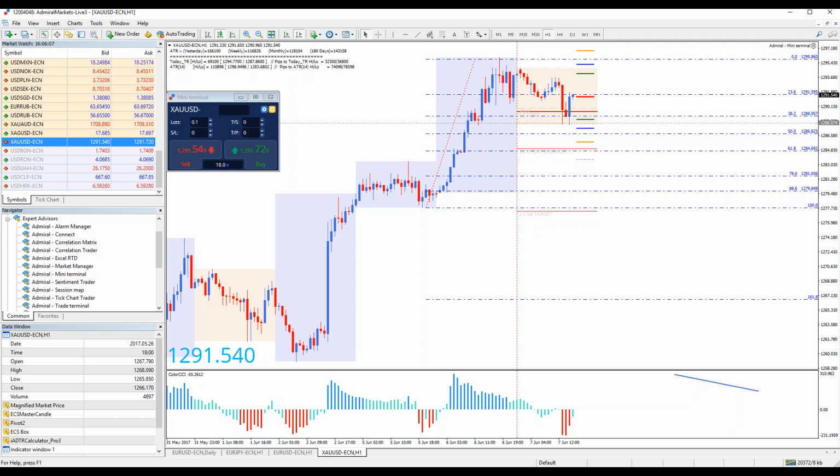What about dollar yen? Ankit is asking. Let's see. Yes, dollar yen is counter trend buy position probably. Oh, we have a support, and I think this could possibly go up.